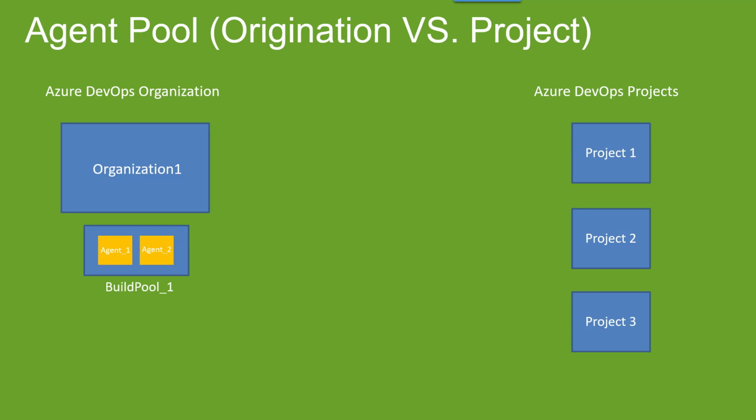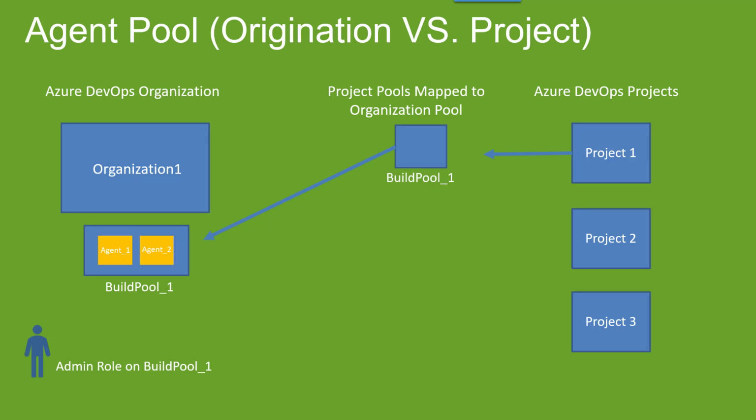On the Azure DevOps project, let's say I have 3 projects. So now I can create a build pool 1 on the project 1, which is mapped to the build pool 1 on the organization. And in order to do that, either this user needs to be in the admin role on the build pool or in the service account role.